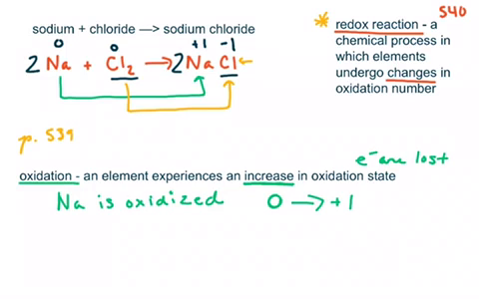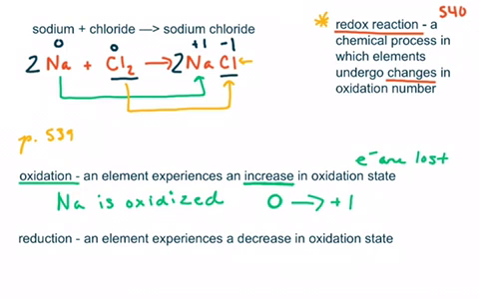So now let's take a look at the flip side, which is reduction. In reduction, which will be represented by our yellow line here, an element is going to experience a decrease in oxidation state. The word reduce, if you think about it, means to decrease, so that might help you make the connection there.